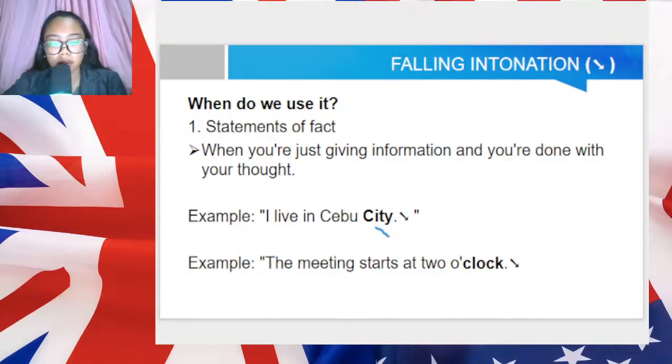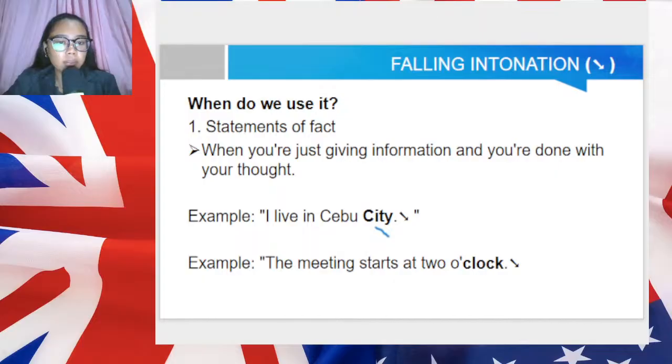When a speaker utters this sentence, they are stating a personal truth, a fixed piece of information about their current residence, about their home, about their address.